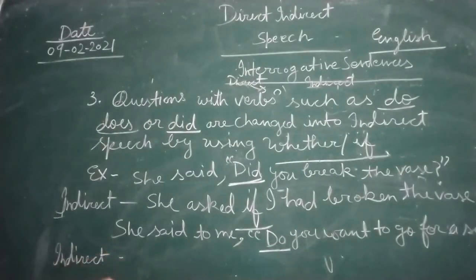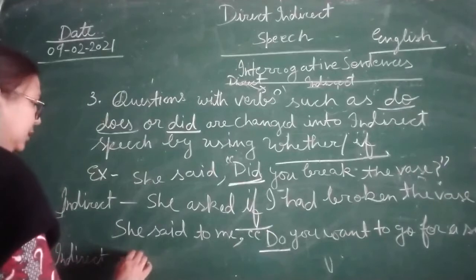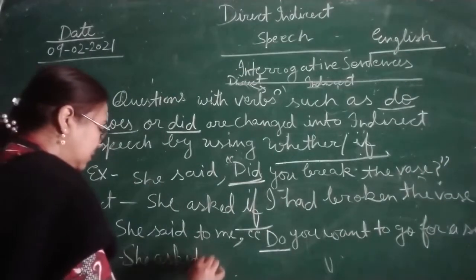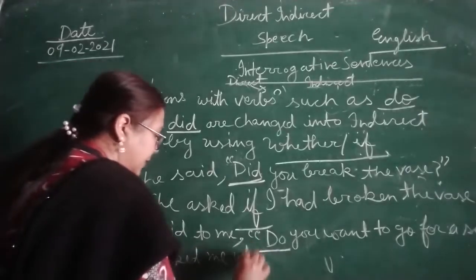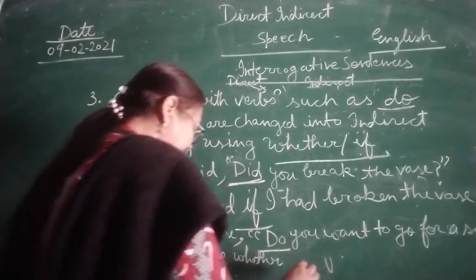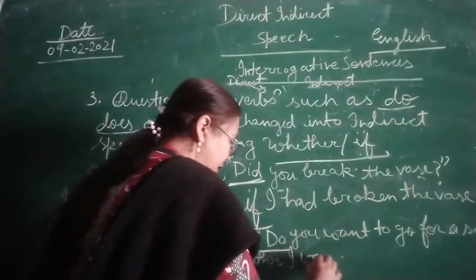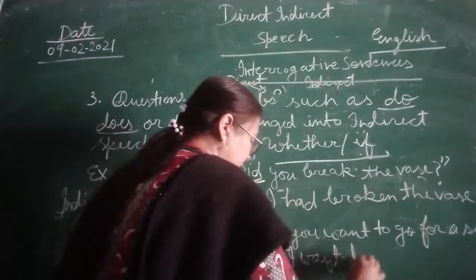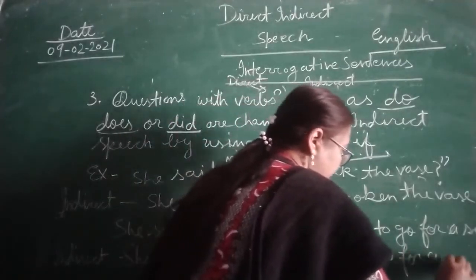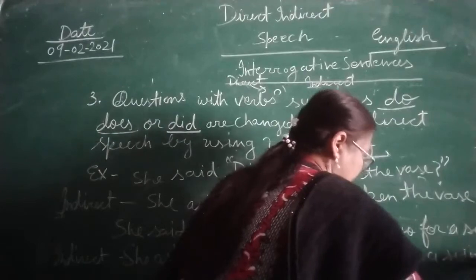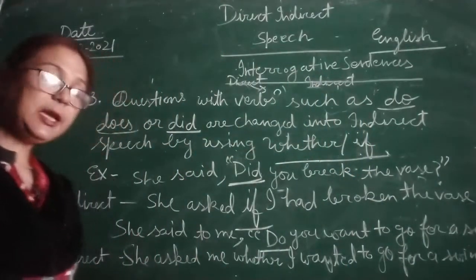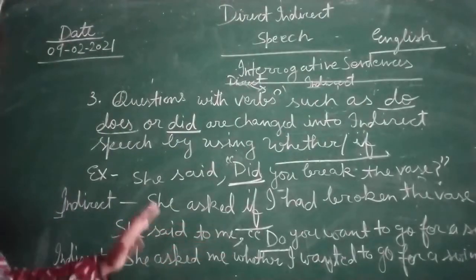Indirect speech: she asked me whether I wanted to go for a swim, and a full stop will be placed. Now here do is there, so we have used whether according to the sentence.